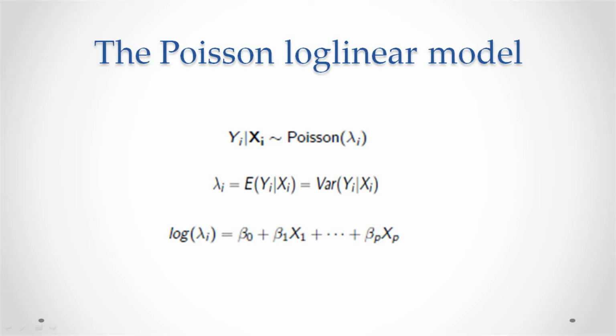As you know, this is the standard model used to model count data, and a very good reason for this is that when you have a Poisson situation, if you write out the likelihood, you will see that the canonical link for the Poisson family of distributions is the log link.